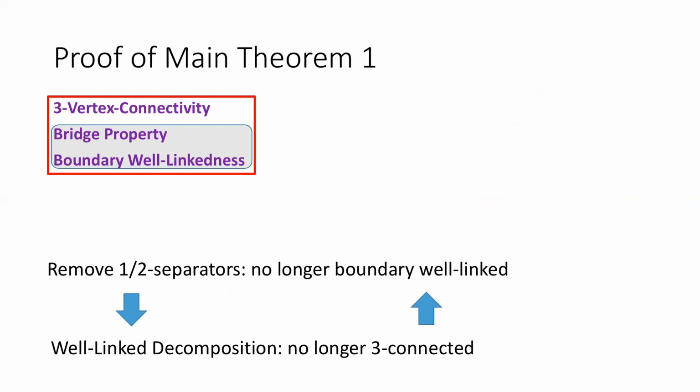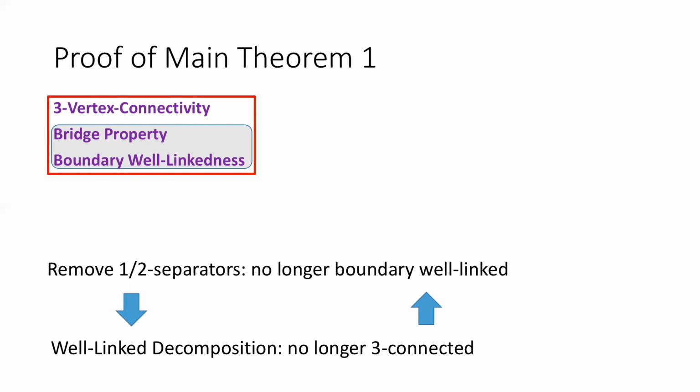But the problem is that we cannot ensure the other two properties simultaneously, because intuitively, if we remove one or two separators, then the new clusters are no longer boundary well-linked. And if we then do well-linked decomposition, then the new clusters are no longer 3 vertex connected. So it is not clear how this process is going to end, and even if it ends, we will end up cutting too many edges.